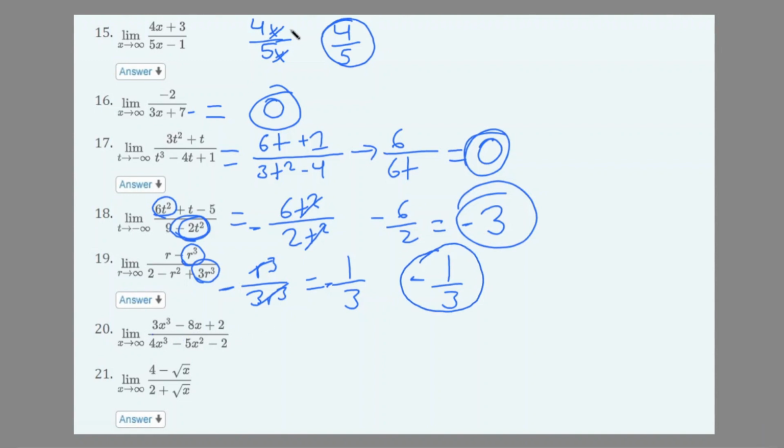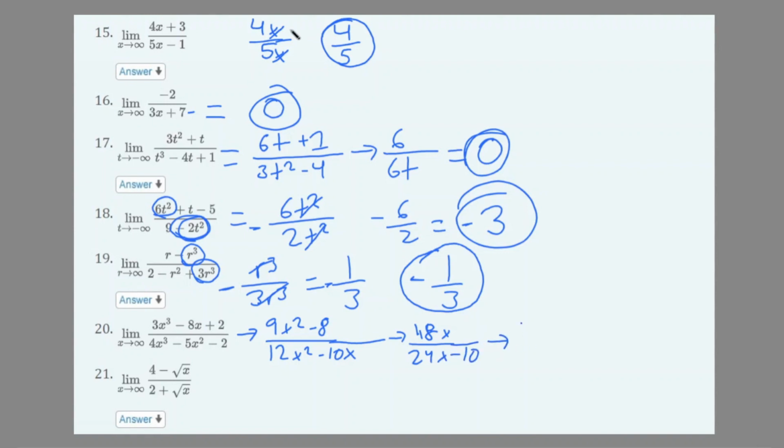And number 20 here, let's derive the function. If we find the first derivative, we'll get 9x squared minus 8, and then on the bottom, we'll get 12x squared minus 10x. If we derive it again, we'll get 18x on the top, and on the bottom we'll get 24x minus 10.